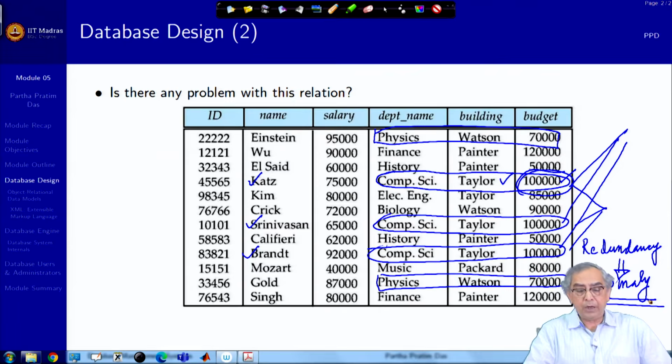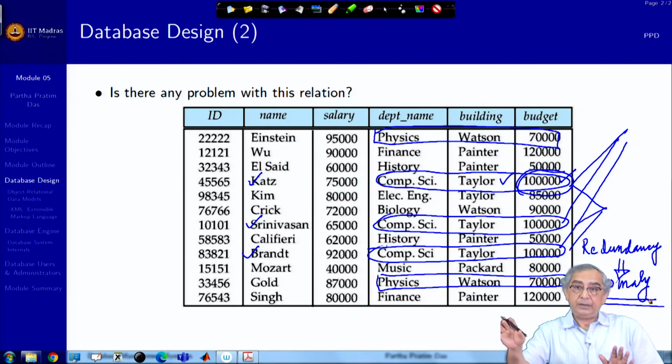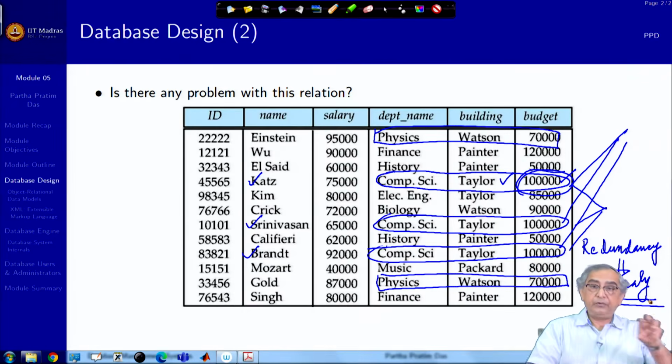So, what we see is what relates a faculty with the department, or the building where the department is housed, or what the budget of the department is, is the name of the department, right. So, name of the department can tell you the budget and the building, and given a faculty, knowing the name of the department, we know everything about the department he or she belongs to.